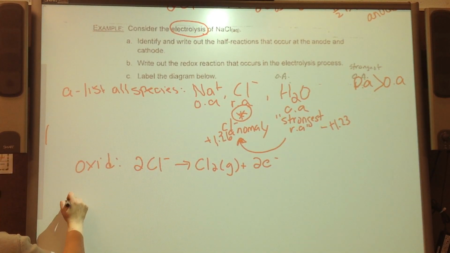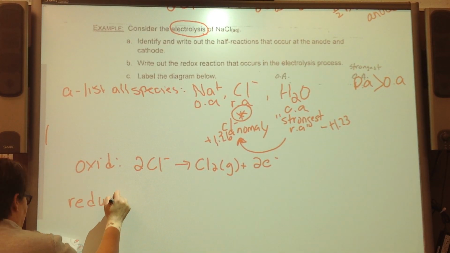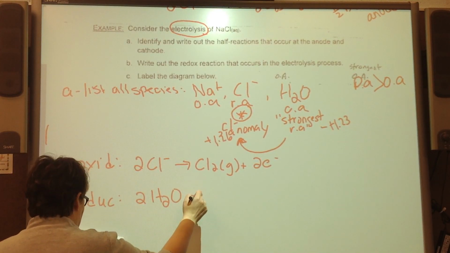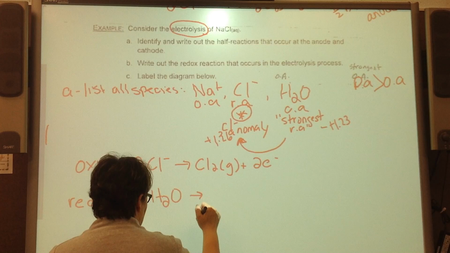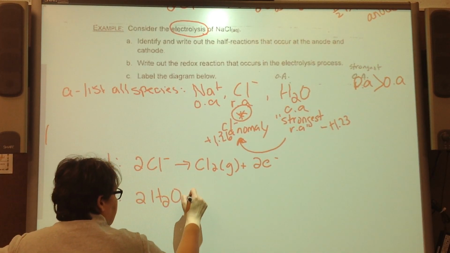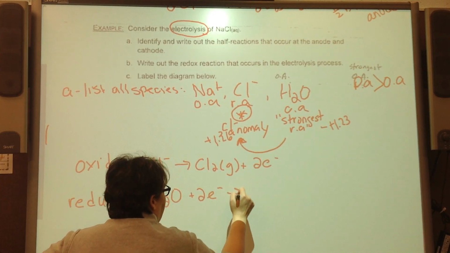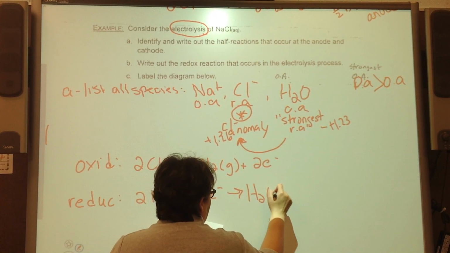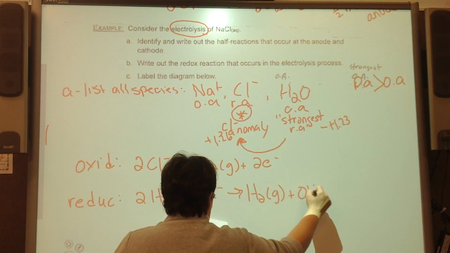At reduction, we have 2 H2O gives us hydrogen as a gas and hydroxide.